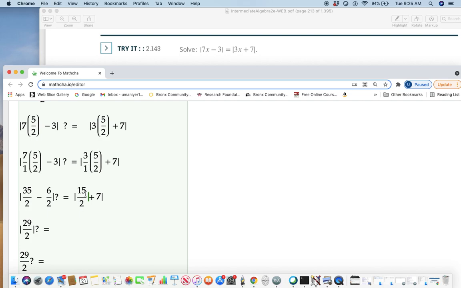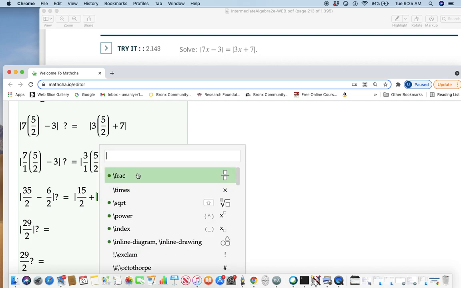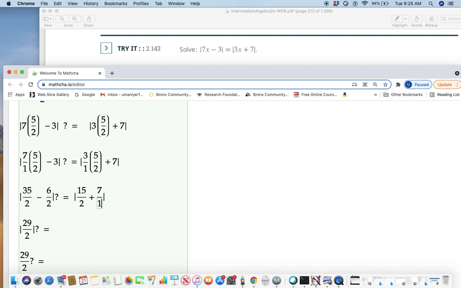15 over 2. Now you want a common denominator. So that's 7. I write 7 as the fraction 7 over 1. How do I get common denominator 2? I need to multiply by 2. 1 times 2 is 2. 7 times 2 is 14. So all of this is equal to the absolute value of a fraction with common denominator 2. 15 plus 14 is 29.